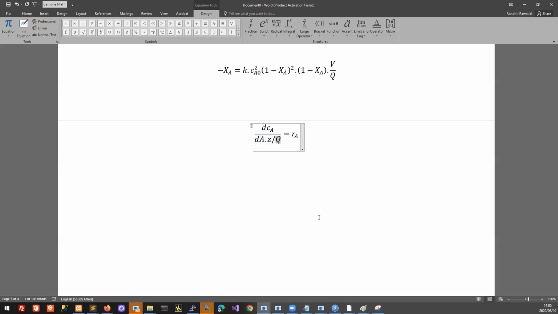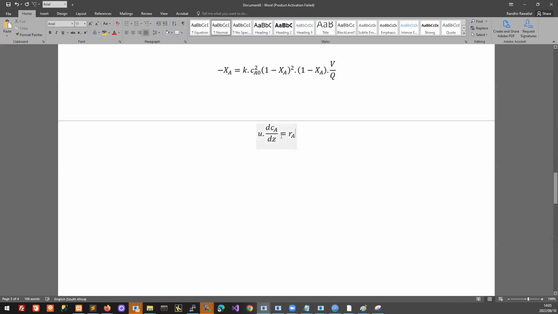And Q you could rewrite as A times U. So volumetric flow rate is cross-sectional area times velocity. So the areas can cancel. So this expression is U times dC dZ equals RA.